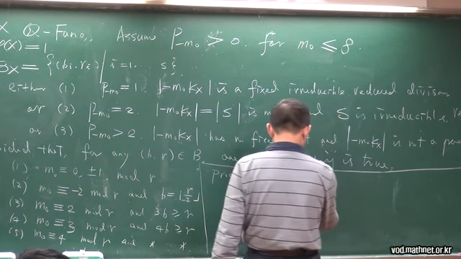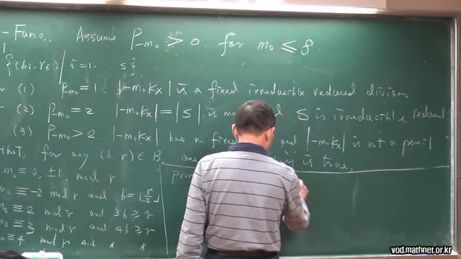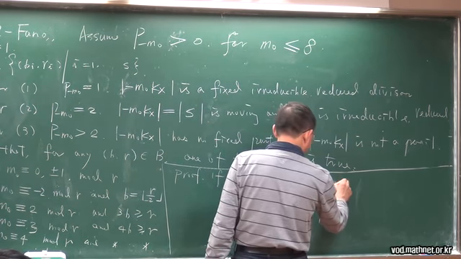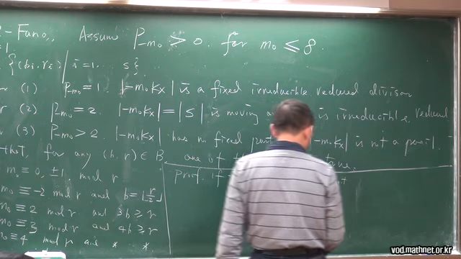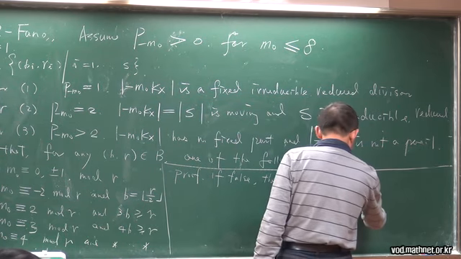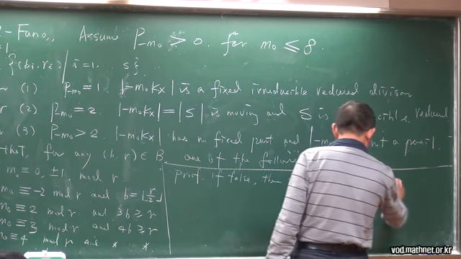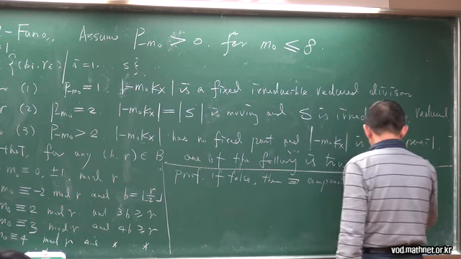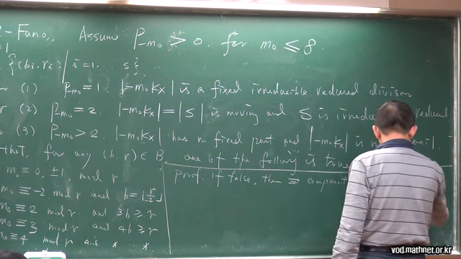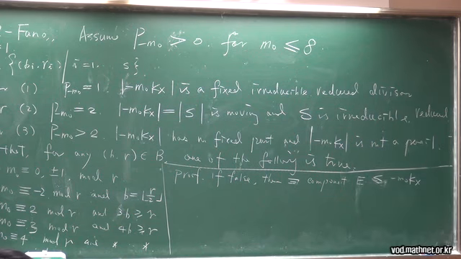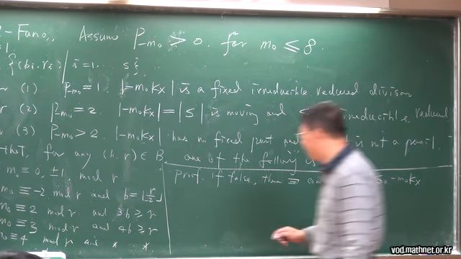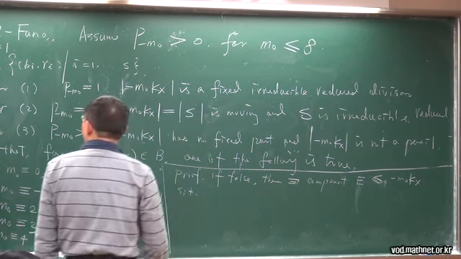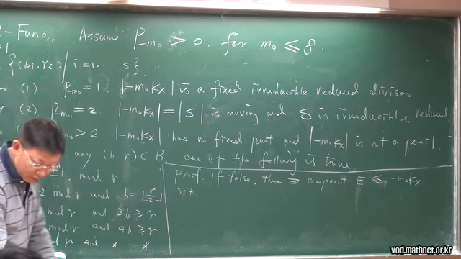Then there exists a component, say E, smaller than this, minus m naught kx, so that we have the following relation.